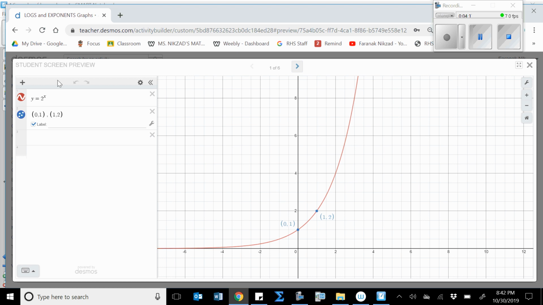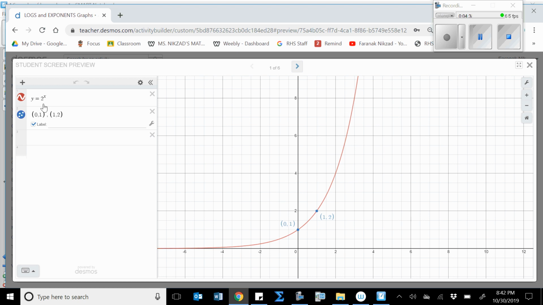But (1, 2) is a kind of constant point that always exists on all these kinds of exponential functions. We always have (1, base) on the graph of this kind of function.